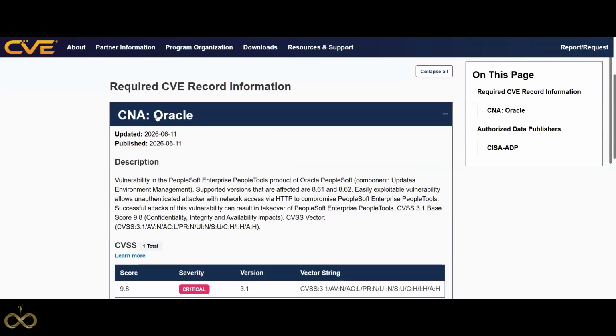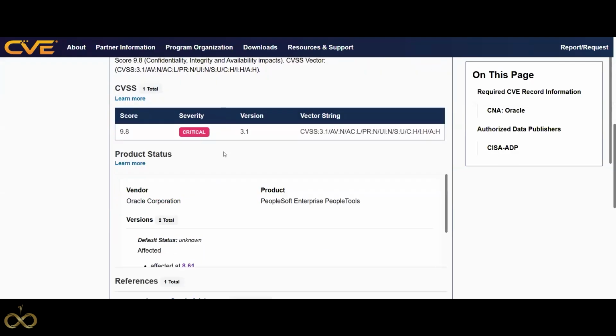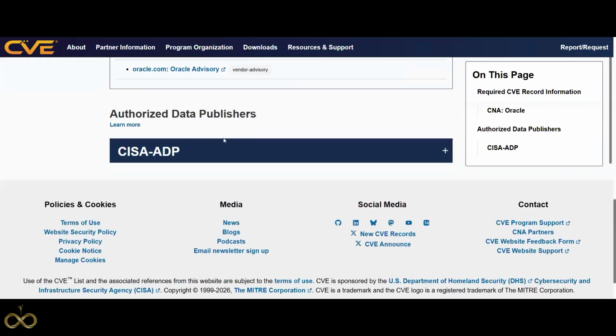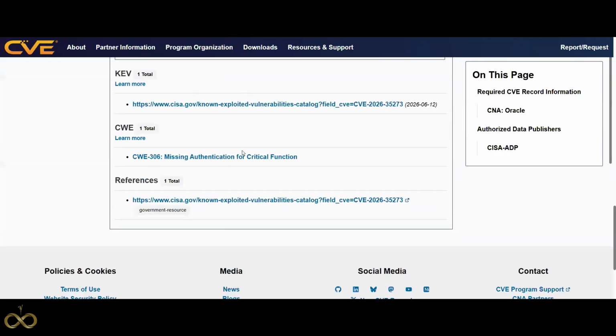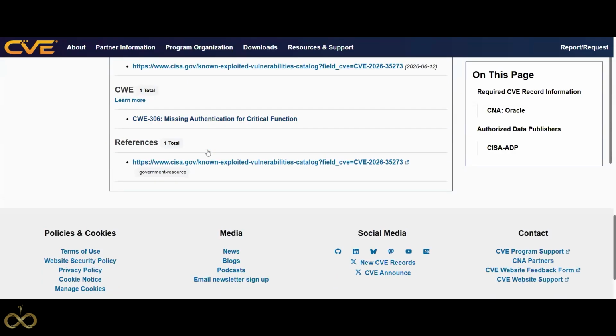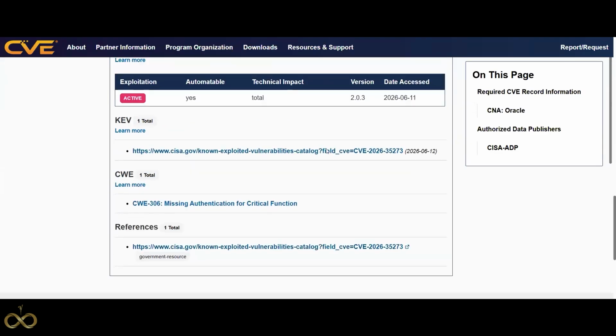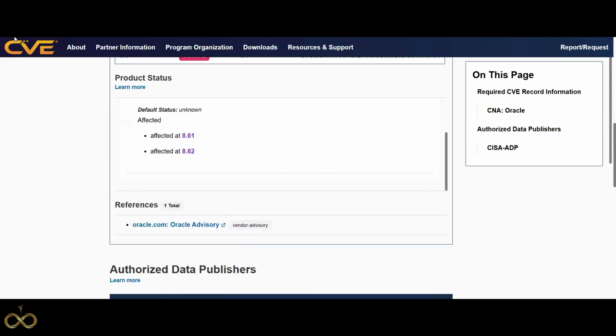It's an Oracle vulnerability. Details of that vulnerability are made public so that people know about these vulnerabilities. References to it, all this information is made public.